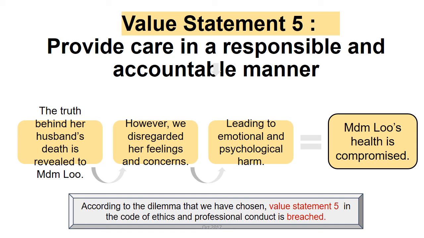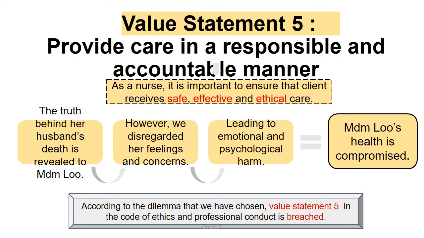However, we are responsible to be committed to patient care constantly, even though the truth is revealed to her. We will still support Madam Lu on an ongoing basis. In this way, we ensure that Madam Lu still receives safe, good, effective, and ethical care.